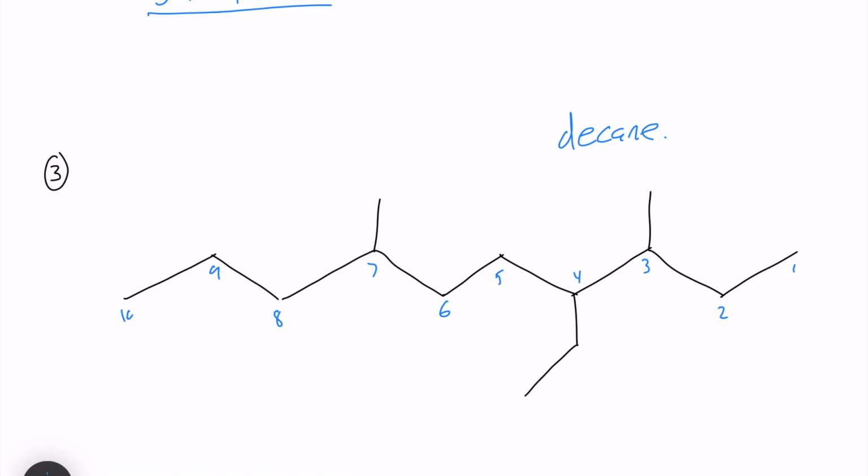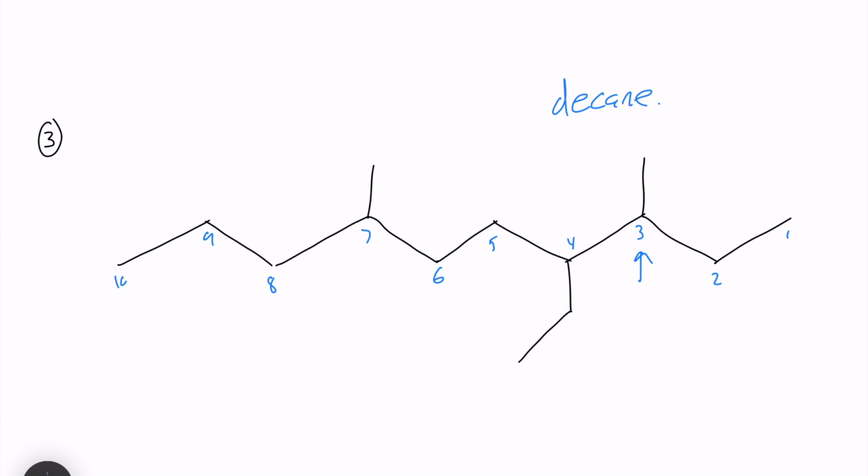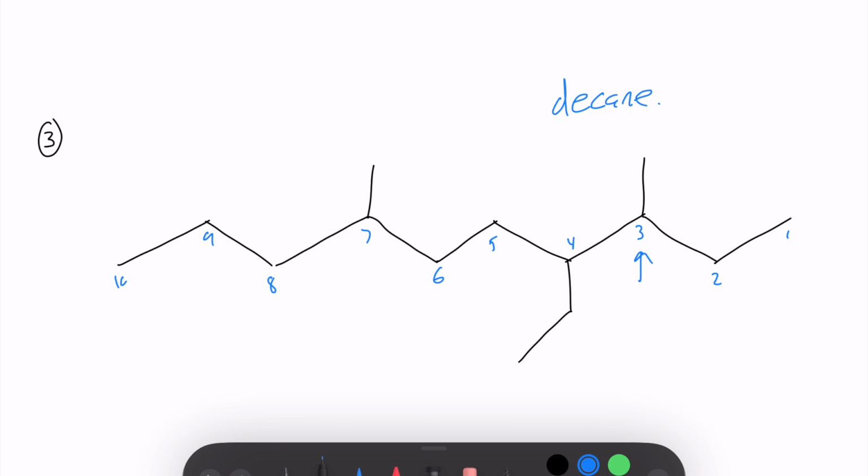And our first substituent is on carbon number 3, so it makes sense to use this order of numbering. Okay, so I'm going to circle our substituents here. I'll pick a different color. We have a methyl group here. We have an ethyl group on carbon number 4, and on number 7 we have another methyl group.